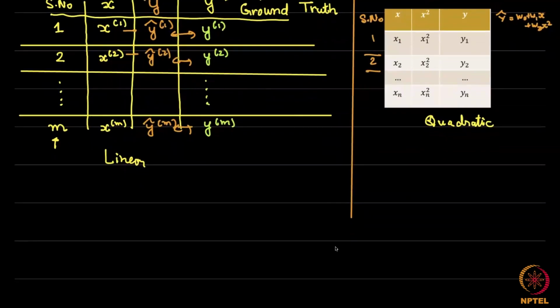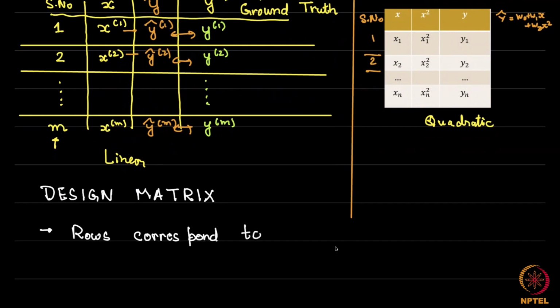Okay. So the way I am going to do it is to define something called a design matrix. A design matrix is a matrix where all rows correspond to input data and columns correspond to features.